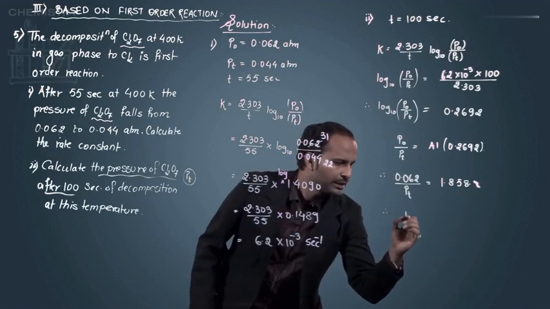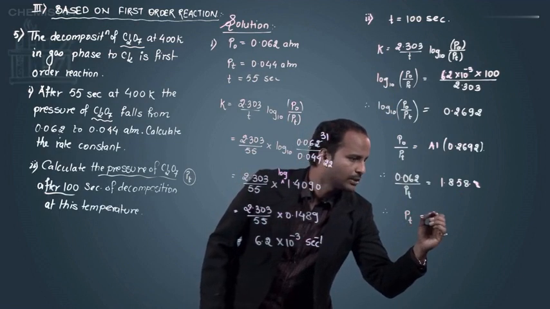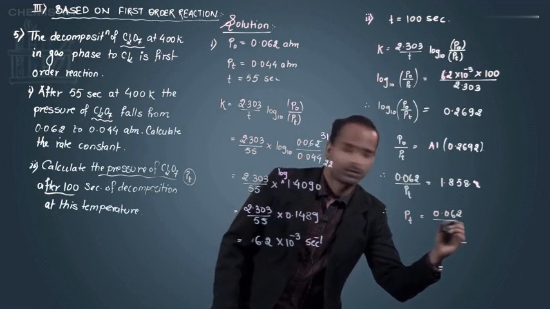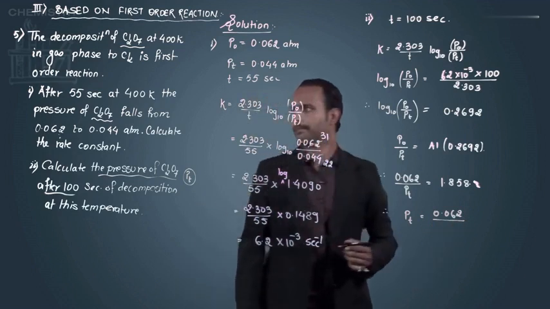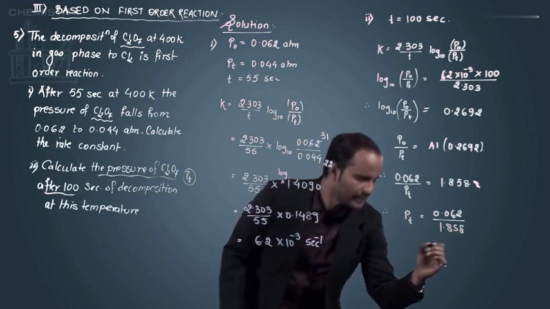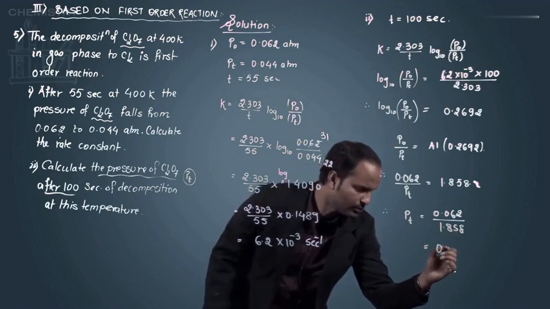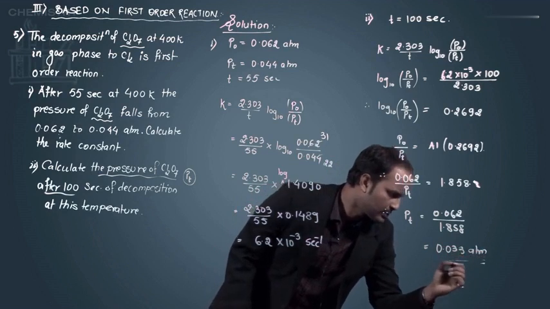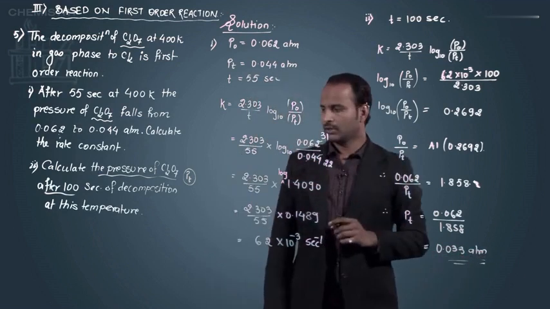Then we have to calculate PT. So PT is equal to 0.062 upon 1.858, and finally we will get the answer, which is 0.033 atmosphere. So this is the final answer for this.